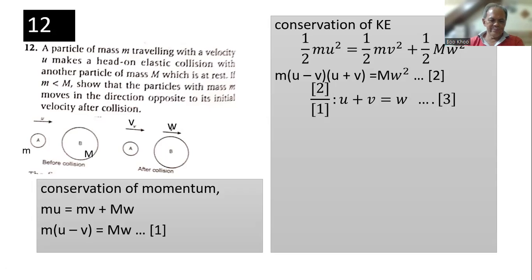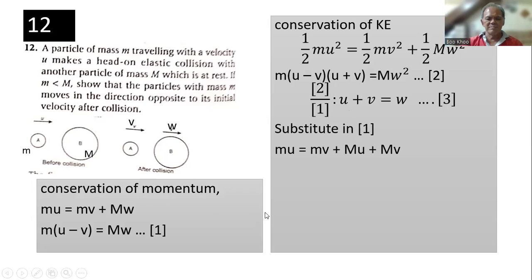So what can we say about here? Let's substitute in 1. We are more interested in v, not interested in w. So replace the w in 1. m u, m v, replace that one with that one. M u plus m u plus M v.